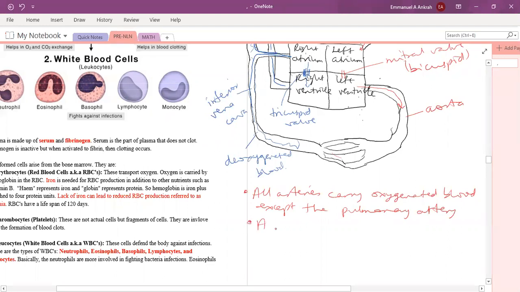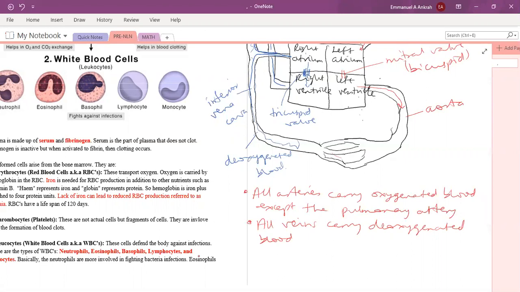And then two, all veins carry deoxygenated blood except... Today my pen is slowing me down a lot.